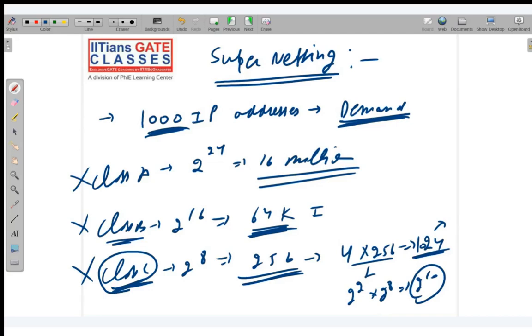The process of assigning one block to multiple organizations is subnetting. Please write it. Okay, now we will dig deep into it.